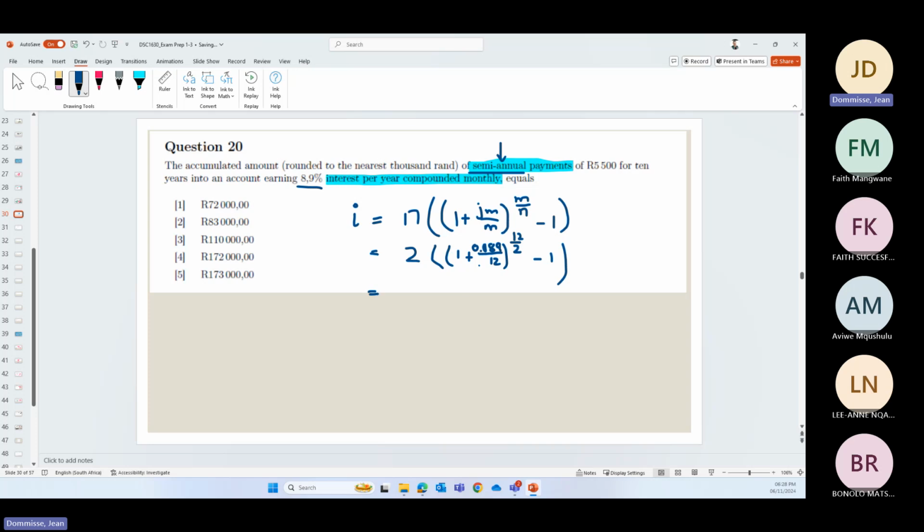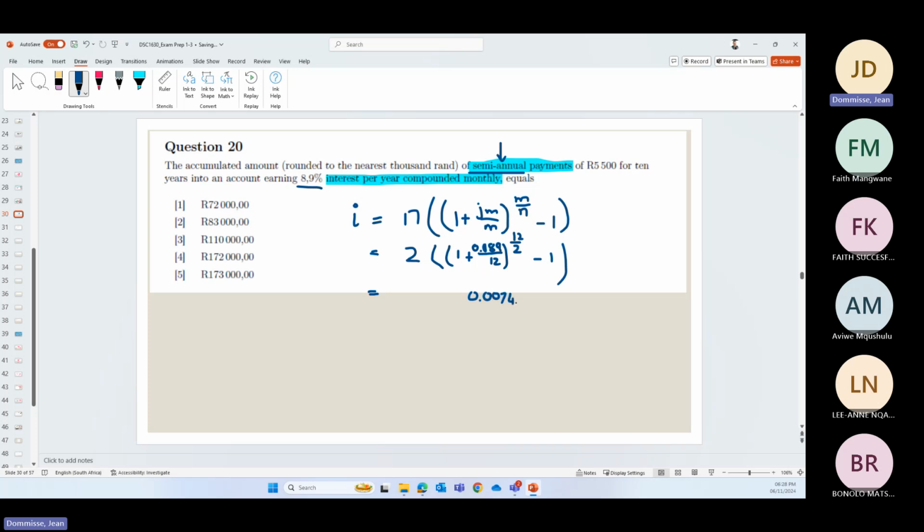Okay, so now let's hope my calculator is able to do this. 0.089 divided by 12 gives us 0.0074.